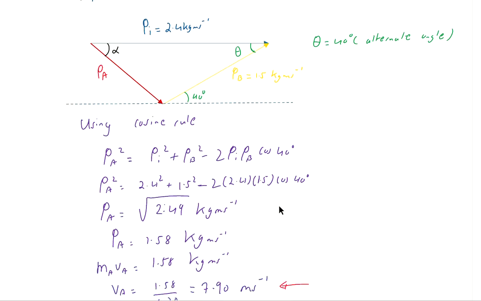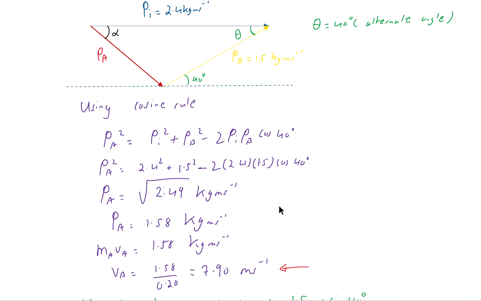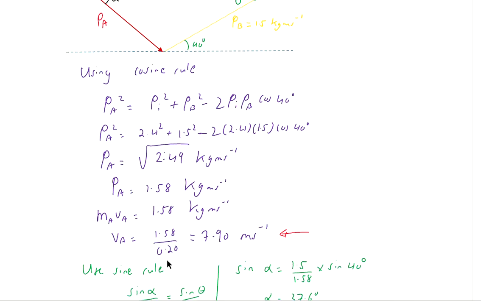Here's the application of the cosine rule. Again, I let you go over the mathematical part. We solve, and we're going to get the size of the momentum of A, 1.58 kilogram meter per second. Now, momentum of A is simply the mass of A times velocity of A. And when we add this here, mass of A is 0.20 kilogram.